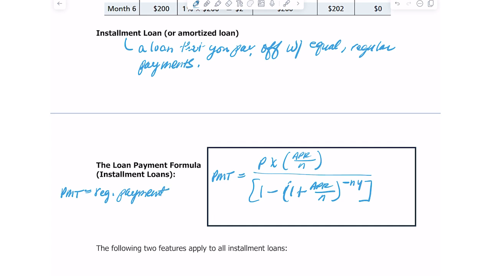APR is your annual percentage rate, which you would put as a decimal. N is the number of payments per year, and Y is the loan term in years.